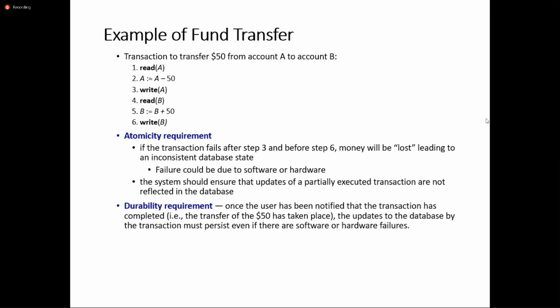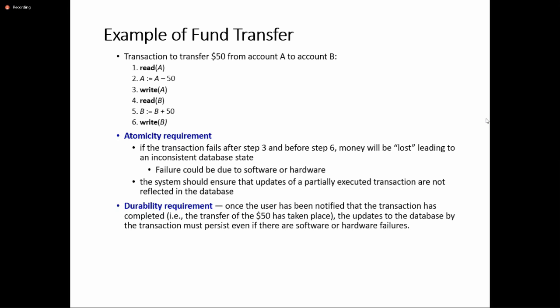This state, however, is eventually replaced by the consistent state where the value of account A is $950 and the value of account B is $2,050. Thus, if the transaction never started or was guaranteed to complete, such an inconsistent state would not happen.